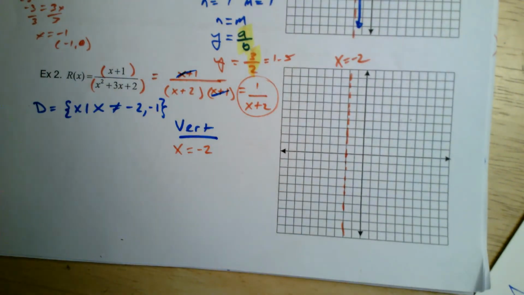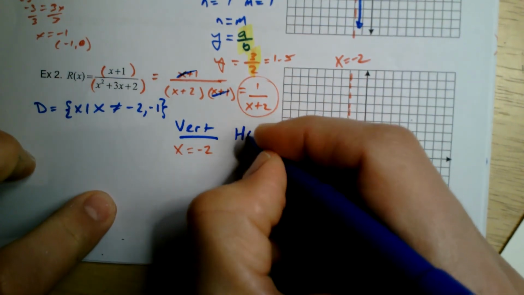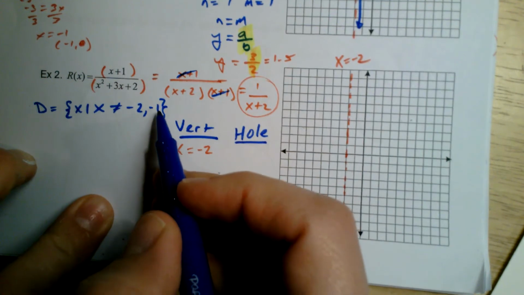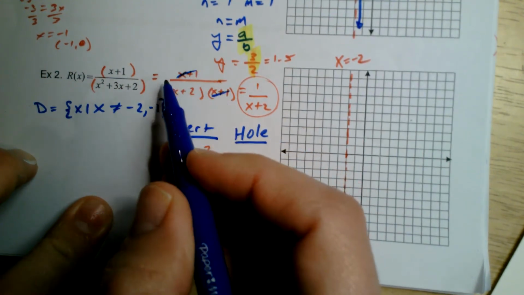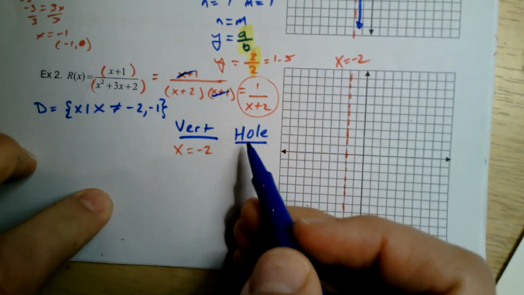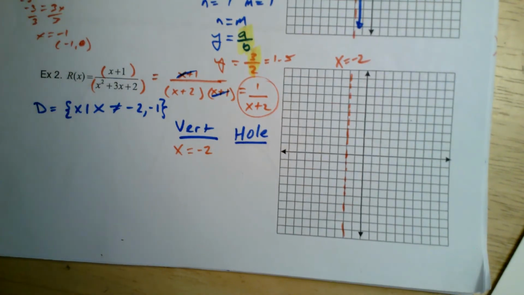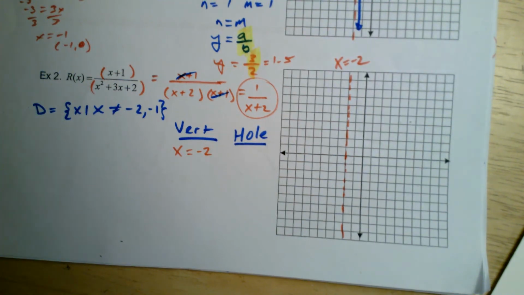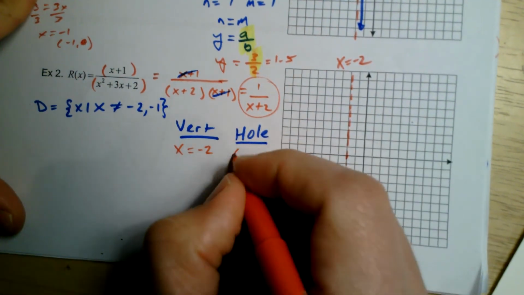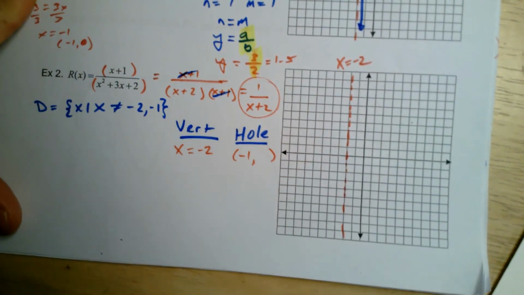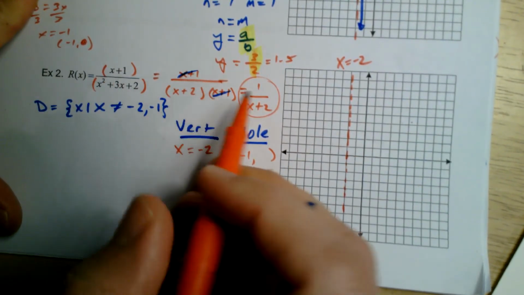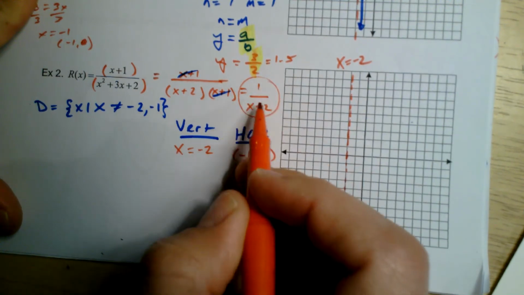Okay. Now, in chapter 4.4, we said I still have a restriction in my domain, but if you reduce it, you remove it, and like you remove dirt from the earth, that becomes a hole. So we have a hole at a coordinate point, and that coordinate point is -1, something. Now I can't plug -1 in here, and I can't plug it in here, but I can plug it into the reduced fraction.